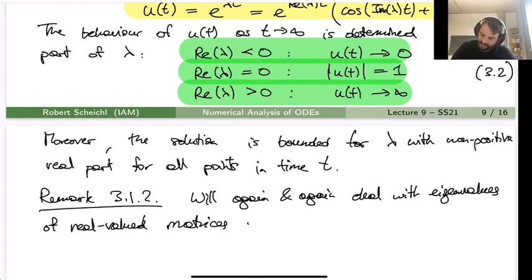Even if the matrix is real, these eigenvalues can be complex valued.